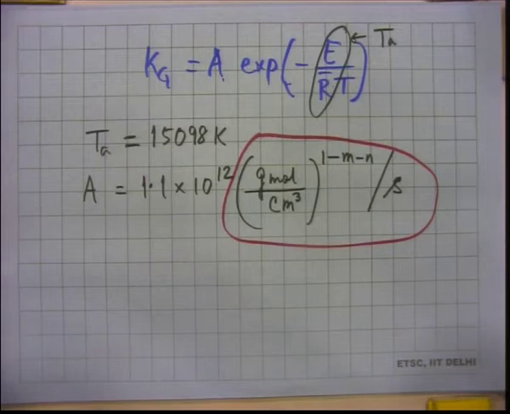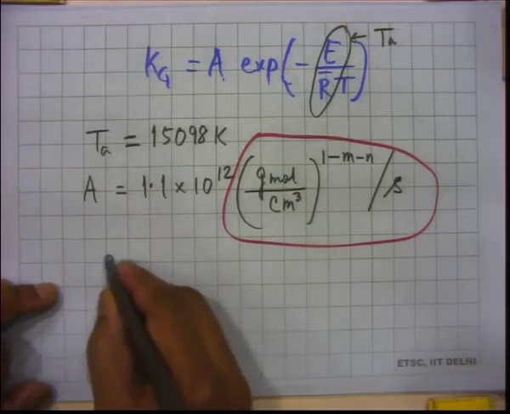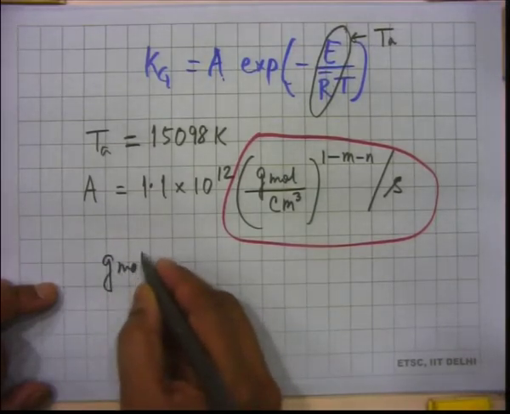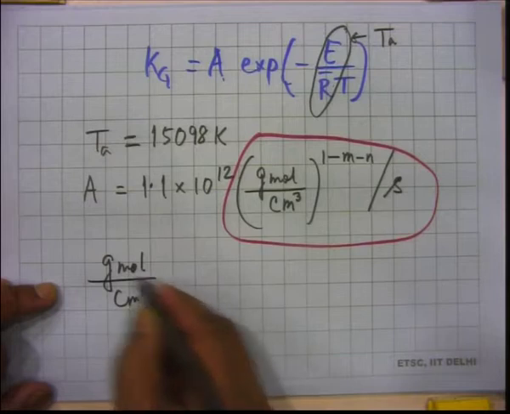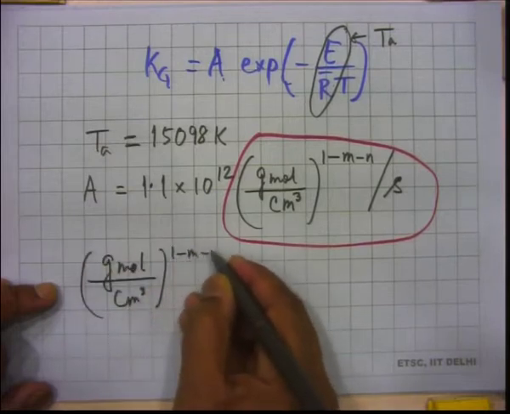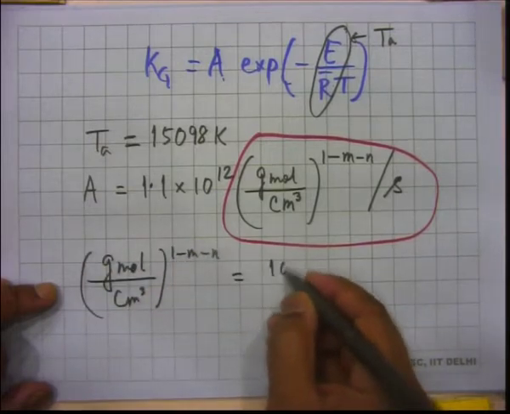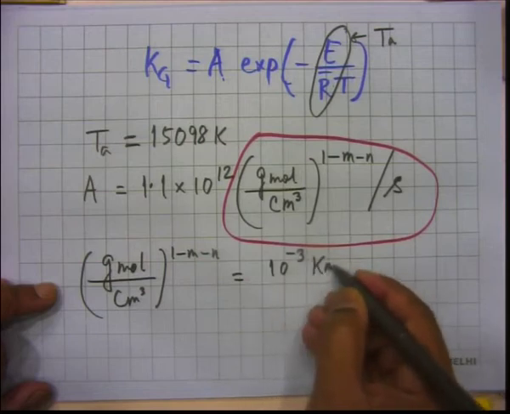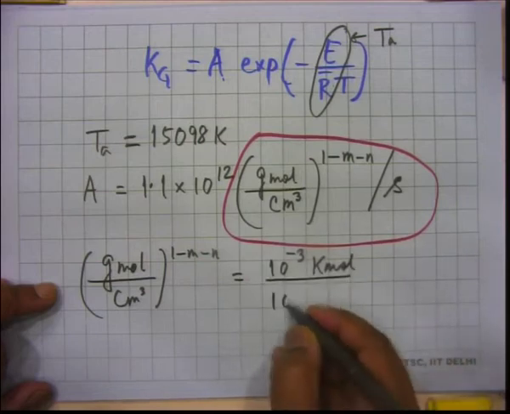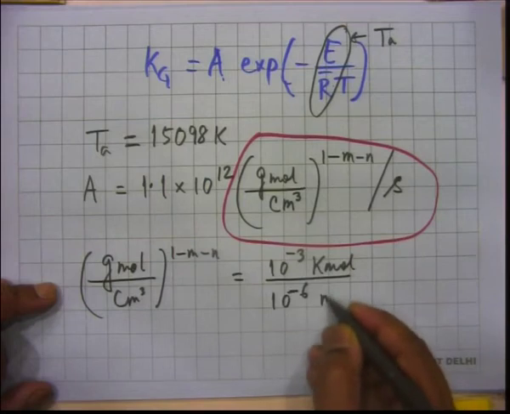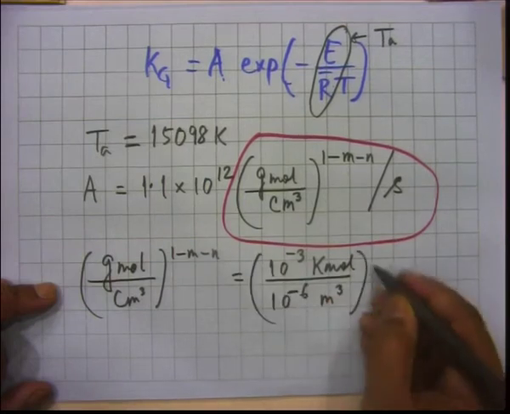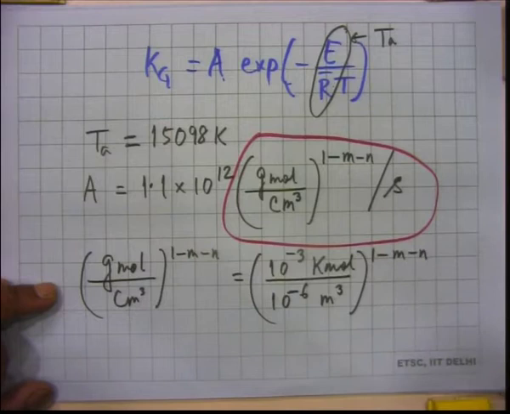Now, if we want to convert this, then what do we have to do? So, gram mole per centimeter cube to the power 1 minus m minus n is also 10 to the power minus 3 kilomole, right.